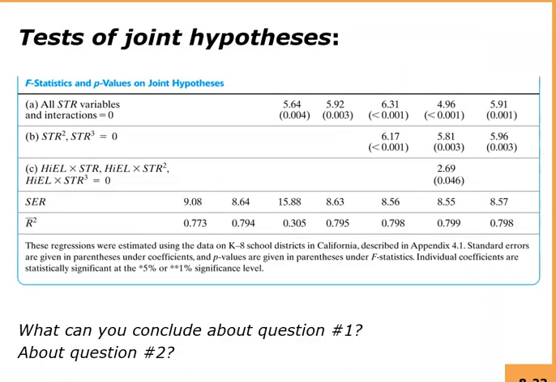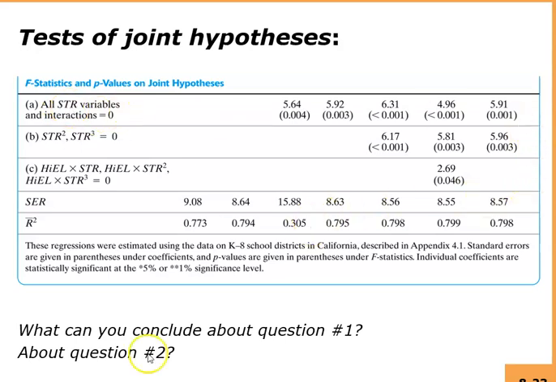So this table is related to the table shown on the previous slide, and it basically shows us the results for the hypothesis testing for joint hypotheses of different kinds. So for example, this first row includes the joint hypothesis that all the variables, including the variable str, meaning when str square is included, when str cube is included, when the interaction terms between str and high English learners are included, are all equal to 0.